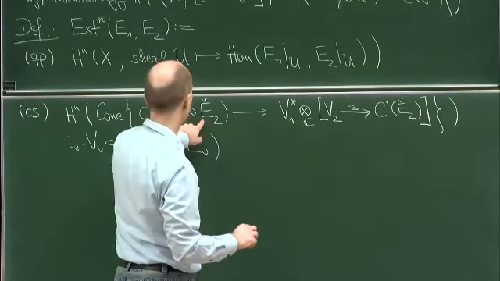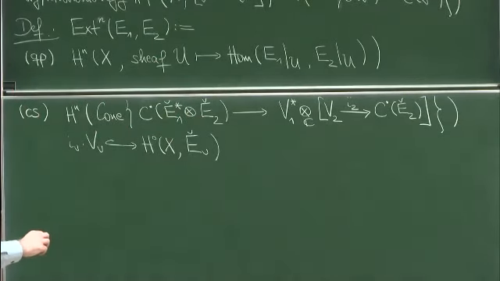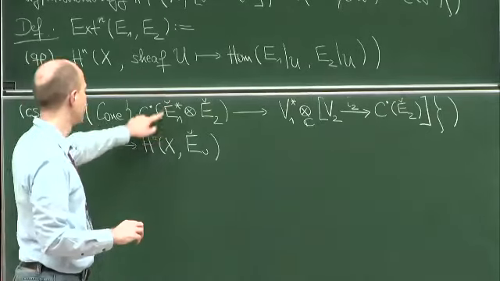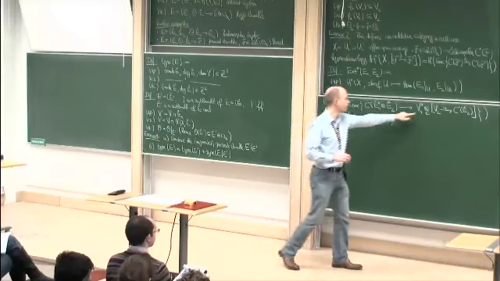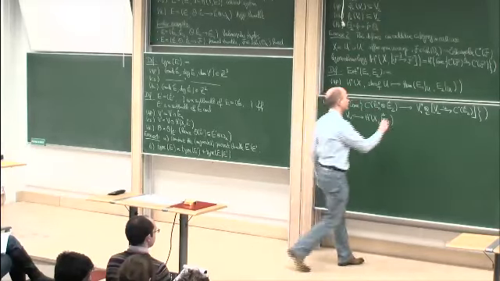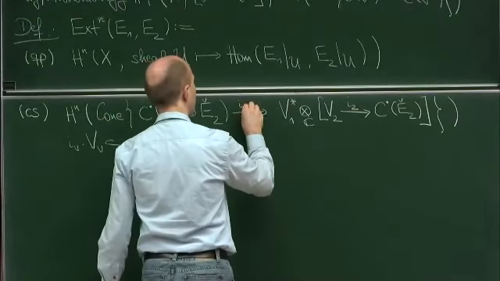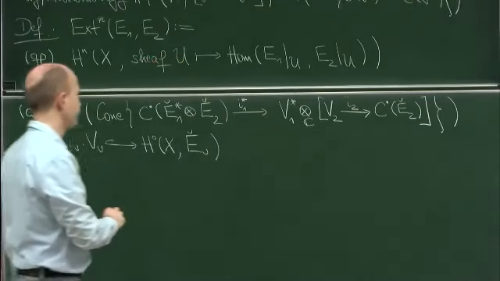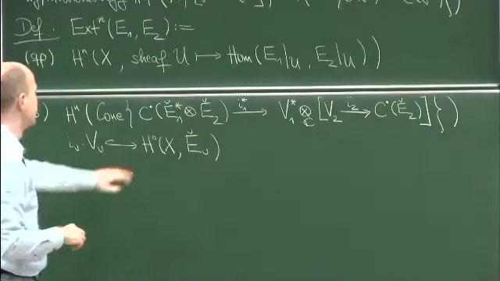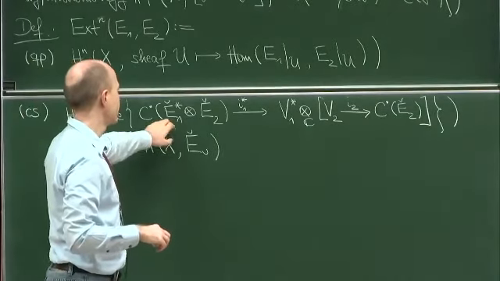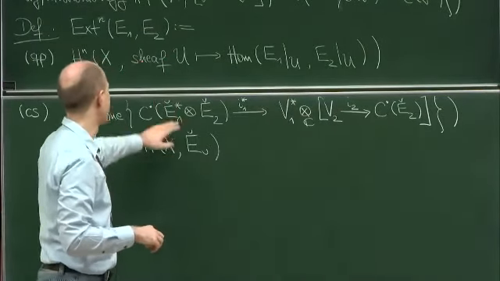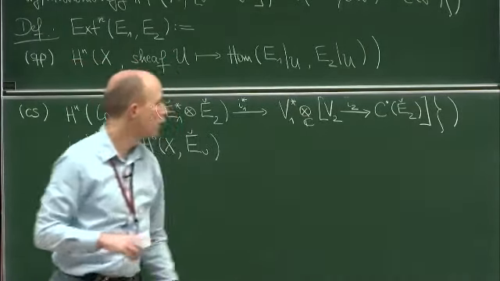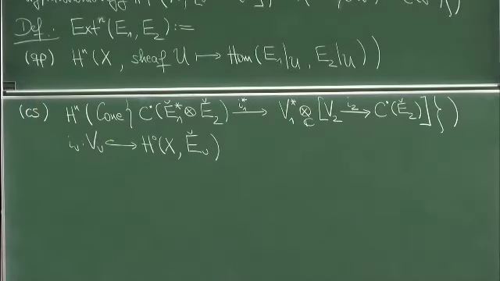And this map is just a pullback from E1 to this vector space of global sections of E1. So that is I1 upper star. This is kind of restricting to these global sections V1, restricting from the whole bundle to these global sections. So anyway, there is a complex you can write down which computes these kind of Ext groups.